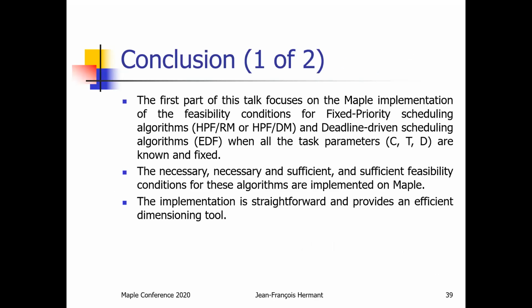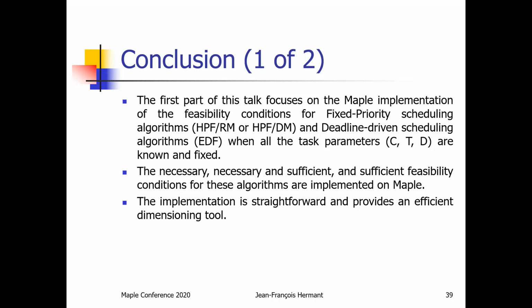So, to conclude, the first part of this talk focuses on the Maple implementation of the feasibility condition for fixed priority scheduling algorithm, HPF rate monotonic, HPF deadline monotonic, and deadline-driven scheduling algorithm, EDF, when all the task parameters, the C, the T, the D, are known and fixed.